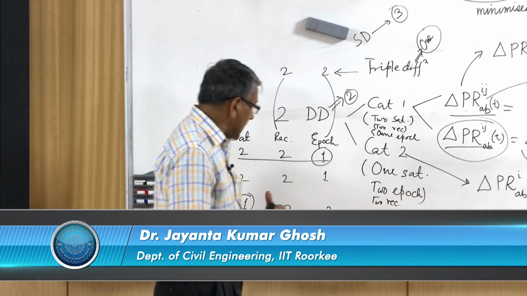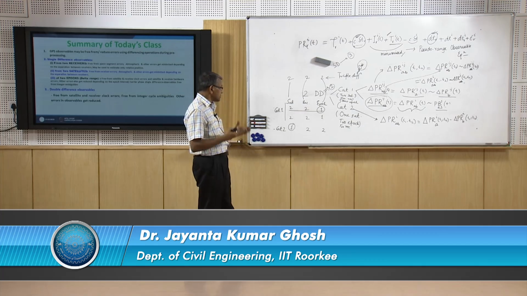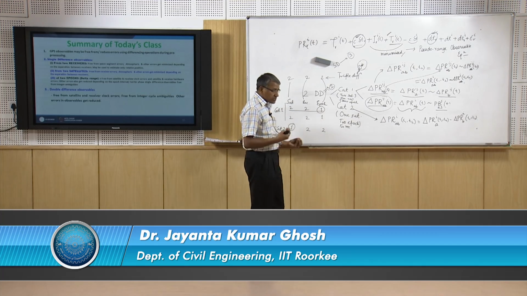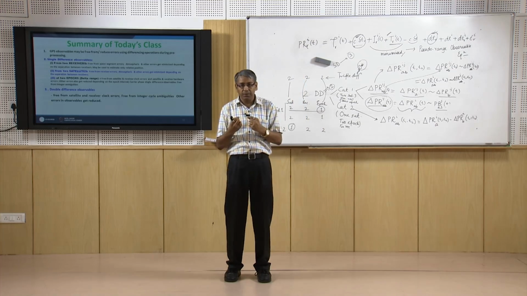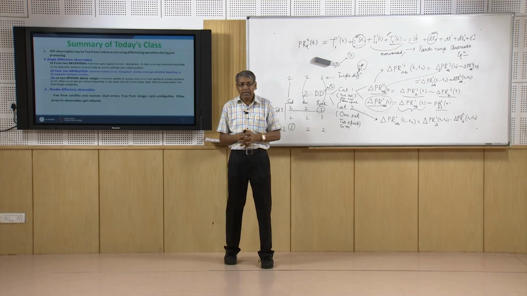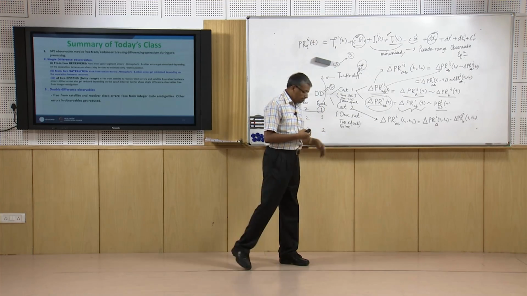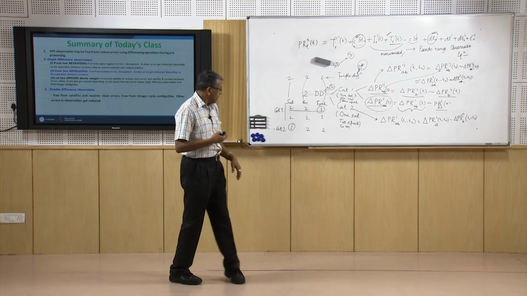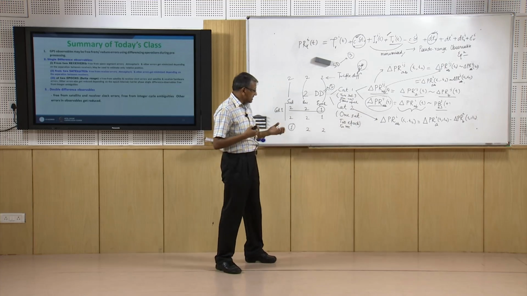In the second category we may take the observables from 2 receivers coming from 1 satellite, but at 2 different epochs. In that case also we may reduce the error due to receiver as well as satellite.